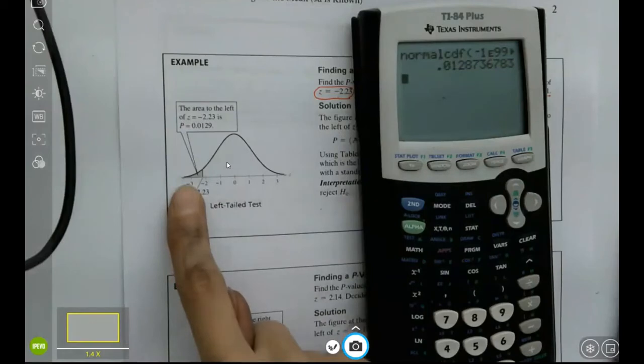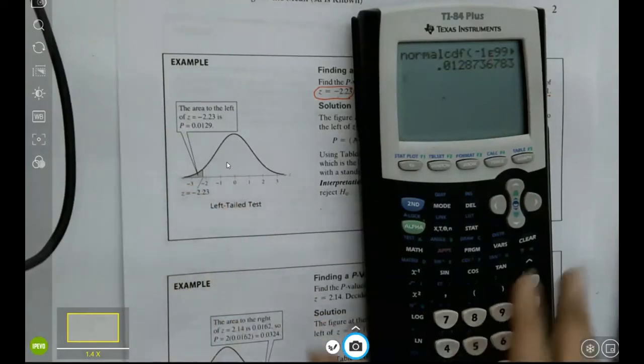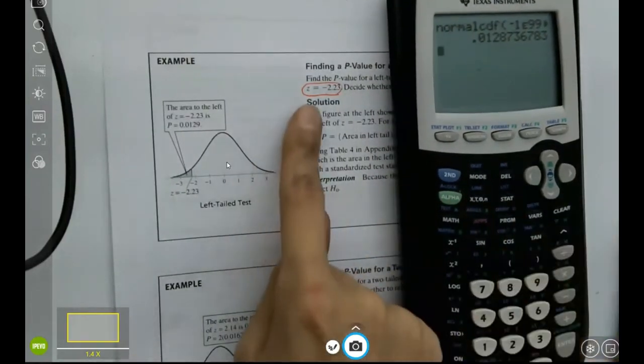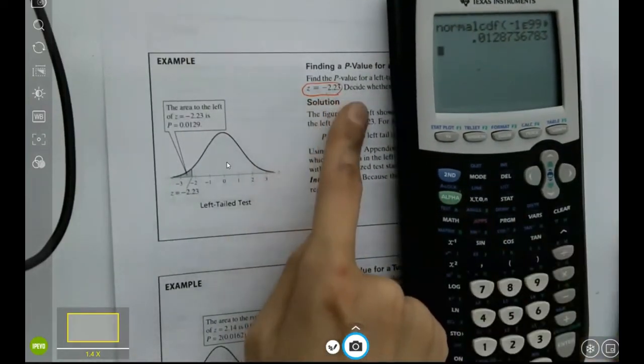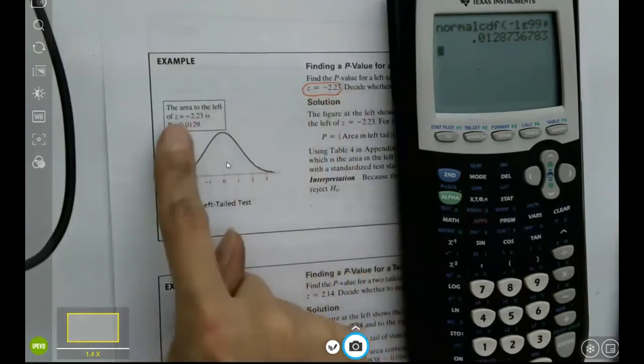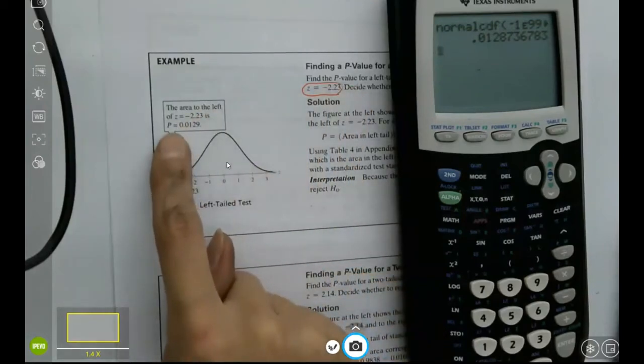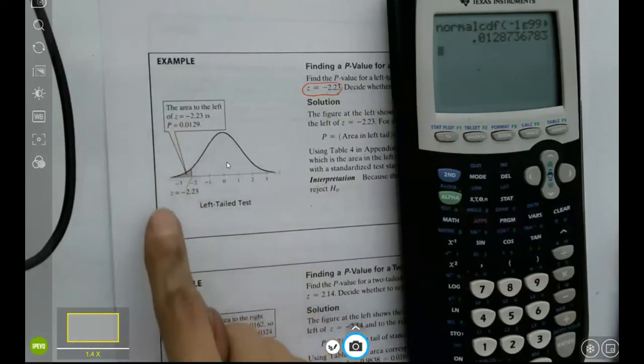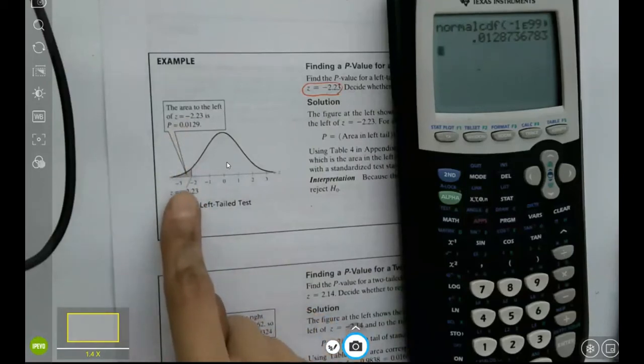This is your p-value. Can you repeat again? Sure. So z is given to us, negative 2.23, and we want to find the p-value. We learned the p-value is the probability, the area to the left of the given z.